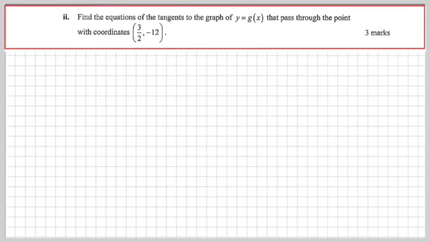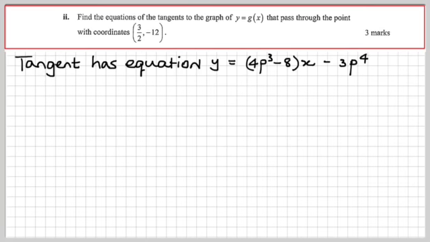So let's start with where we finished last time. As the story unfolded, we had this equation for the tangent to the graph of y equals g of x at a specific point of touching the graph. The tangent touches the graph at the x value of p. Once you have a value of p, then this is your tangent line.